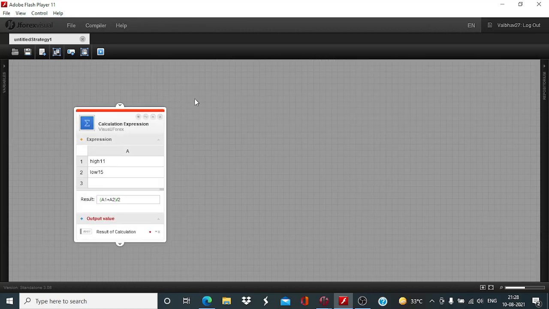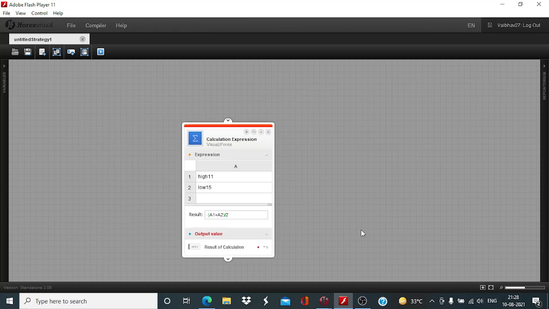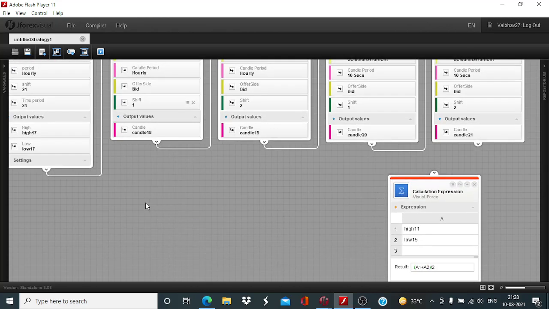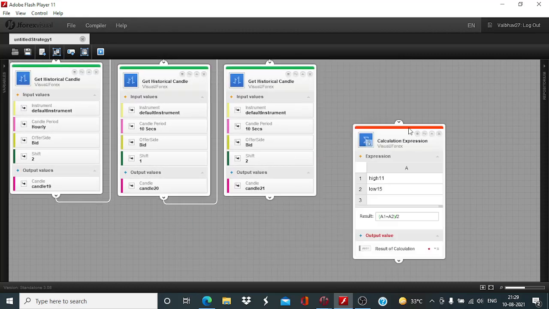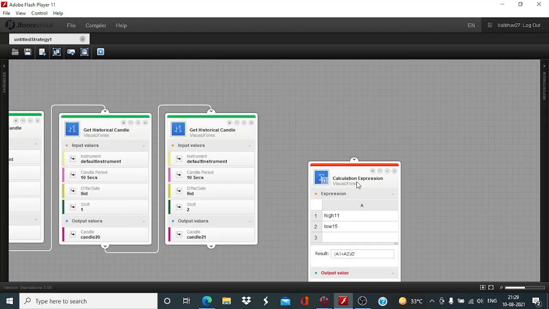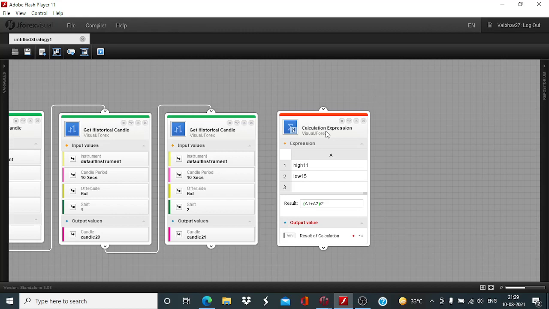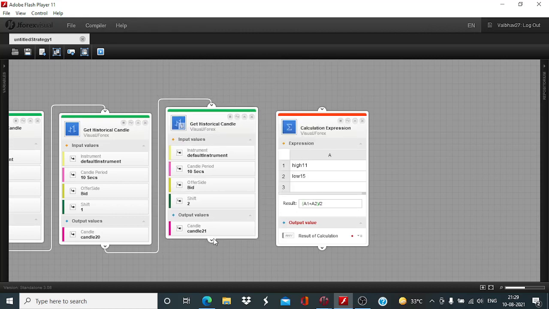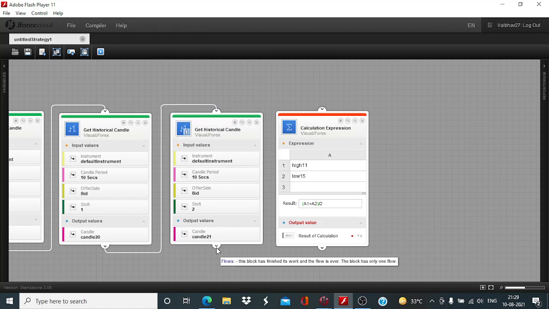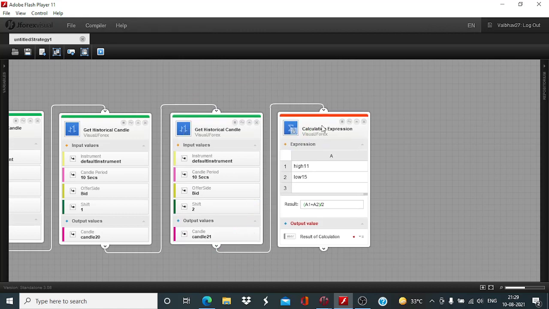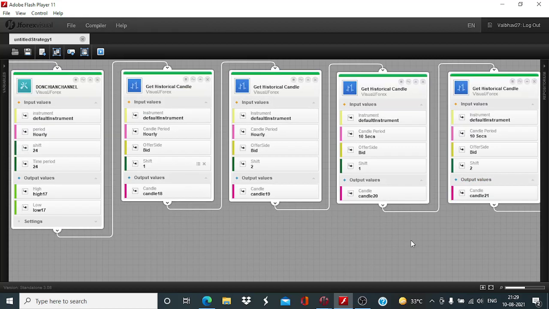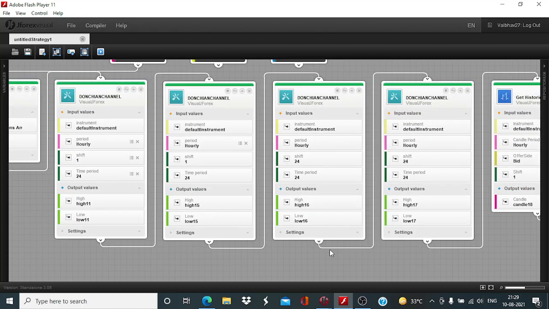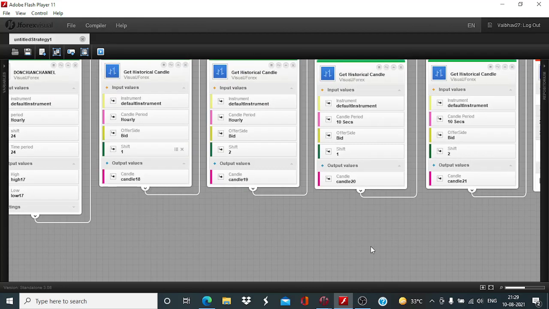Okay, so with this we now have the output value for the middle band. And I will name it middle 11 or mid 11.